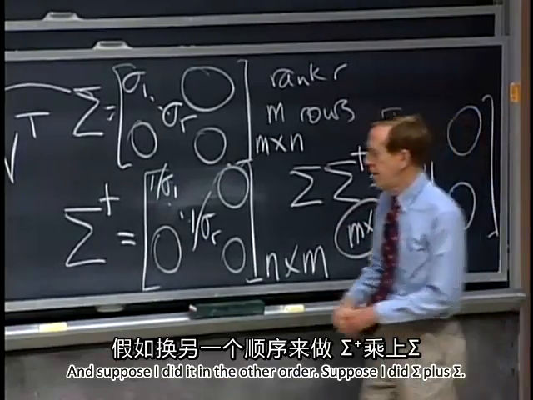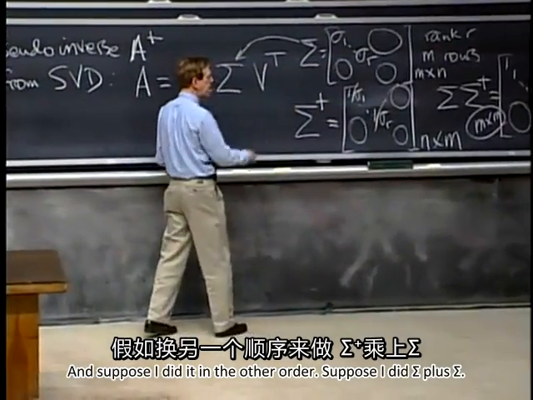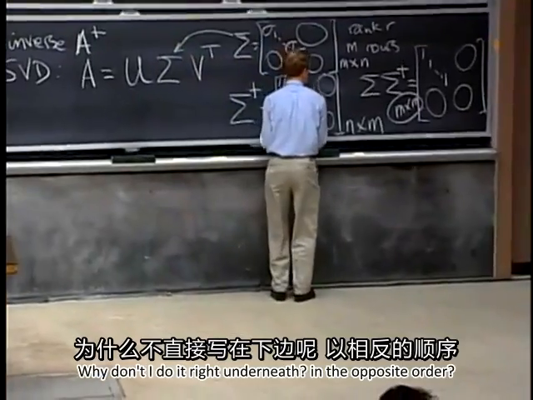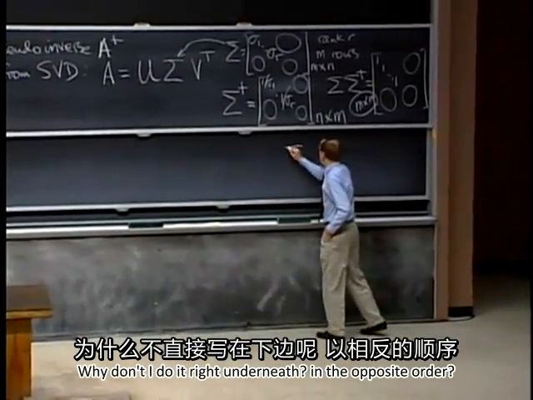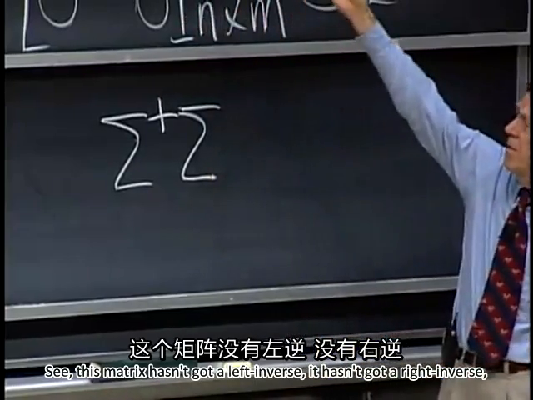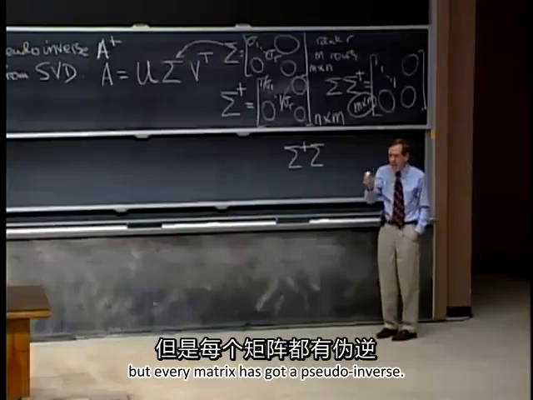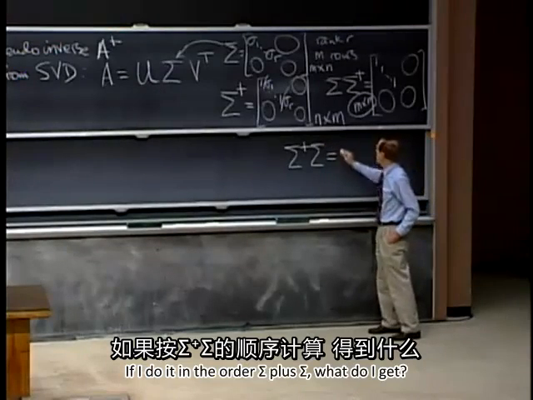And suppose I did it in the other order. Suppose I did sigma plus sigma. This matrix hasn't got a left inverse, it hasn't got a right inverse, but every matrix has got a pseudo-inverse. If I do it in the order sigma plus sigma, what do I get?